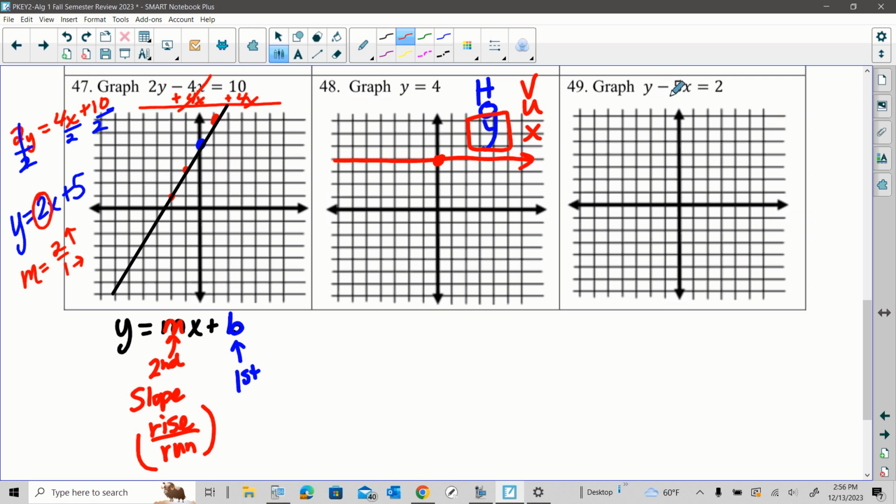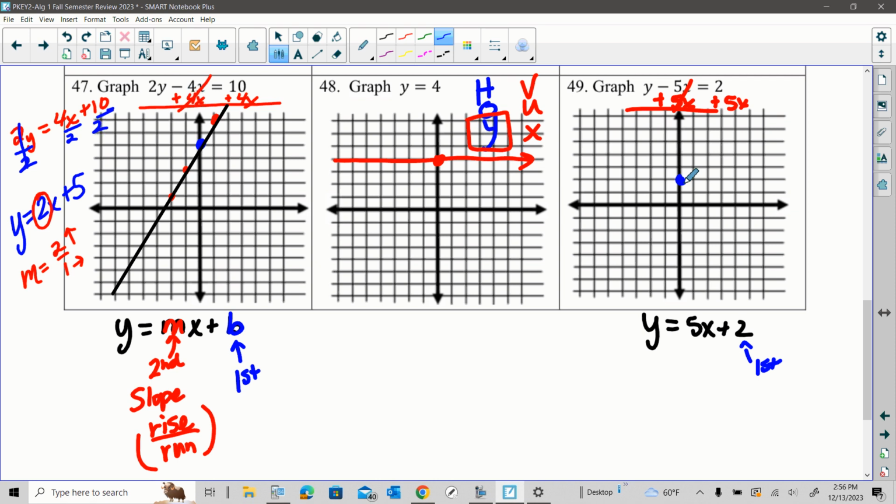49 is not in slope-intercept form, but to get it in slope-intercept form, all I have to do is add the 5x. And so I'm going to write it down here. Our equation is y equals 5x plus 2. This is what we should graph first.